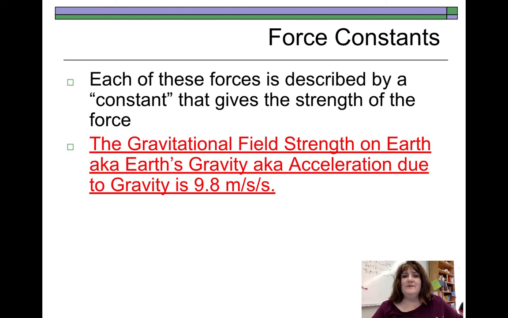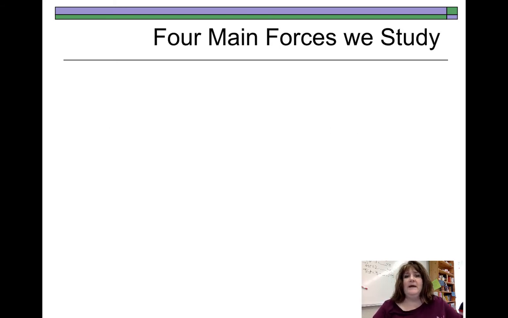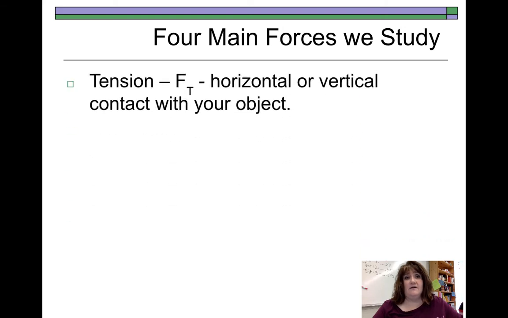Gravity, like I said, is the only one that we're concerned with, and it's got a lot of names: the gravitational field strength on Earth, or Earth's gravity, or the acceleration due to gravity. And they're all the same number, which is in the units of acceleration, which is 9.8 meters per second per second. The four main forces that we will study are the force of tension.